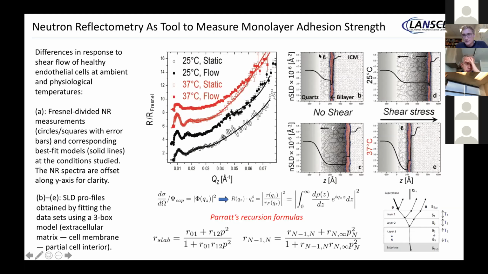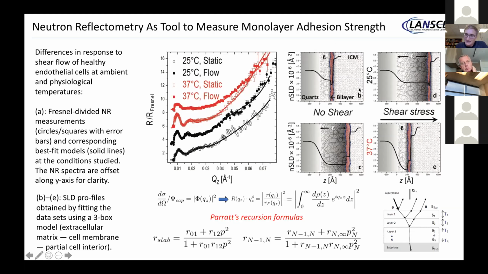We decided to have one box to model essentially this cushion layer of extracellular matrix that develops between the quartz and the apical part of the cell, so the first bilayer of the cell.